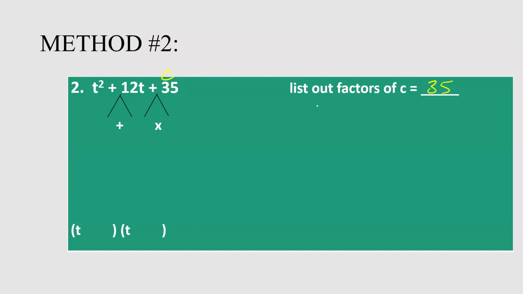Well, the factors of 35 are 1 and 35, 5 and 7. Of these factors, which will add to give me my b? And my b is 12. 5 times 7. So just to check, 5 plus 7 equals 12. 5 times 7 equals 35. So my binomial factors are t plus 5 and t plus 7.